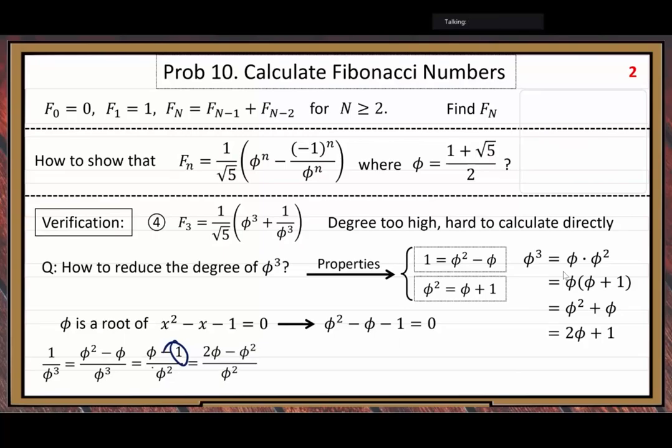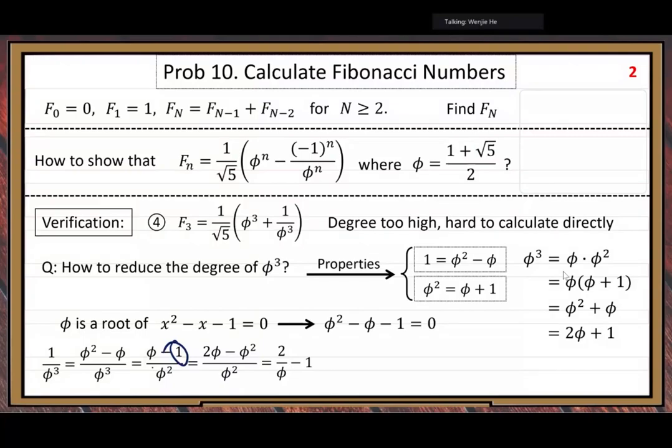After that substitution and simplification, you can see another common factor phi between numerator and denominator, so you can do another round of cancellation. After cancellation, you get 2 over phi minus 1. Now the degree of the denominator term becomes first order, which should be good enough, right? First order.